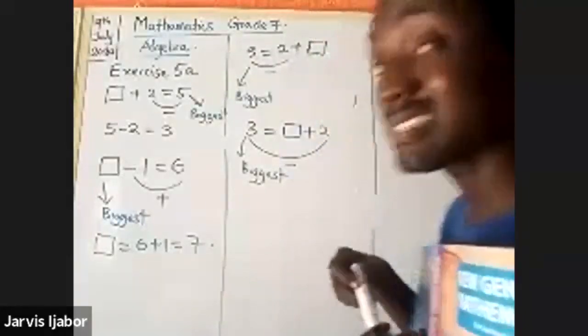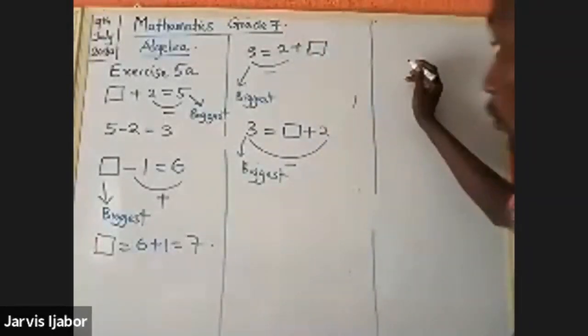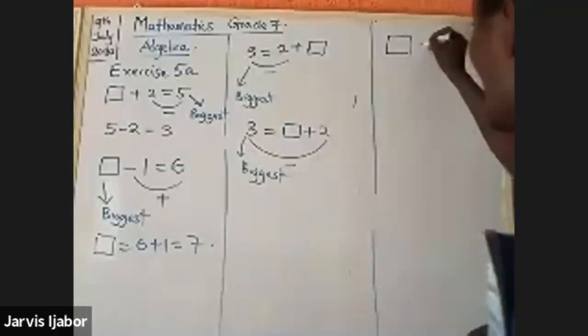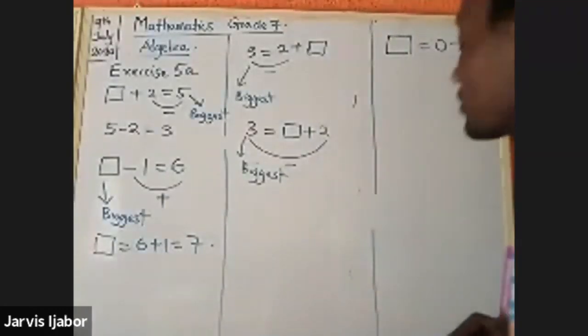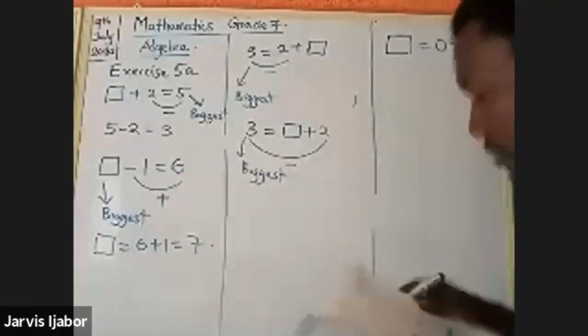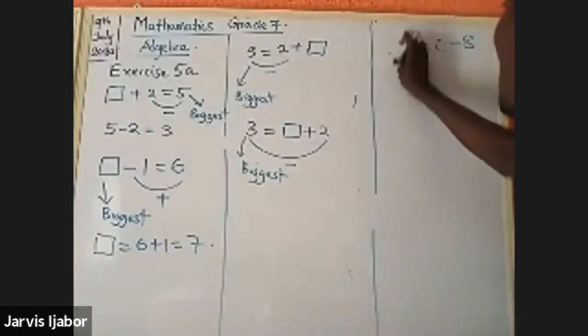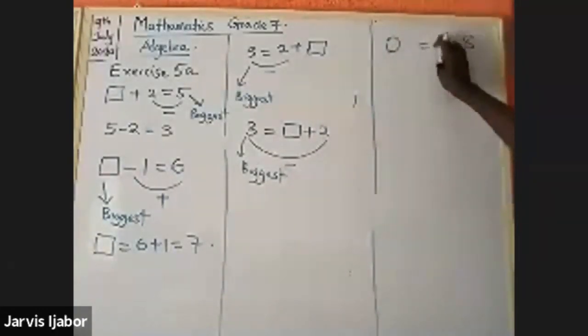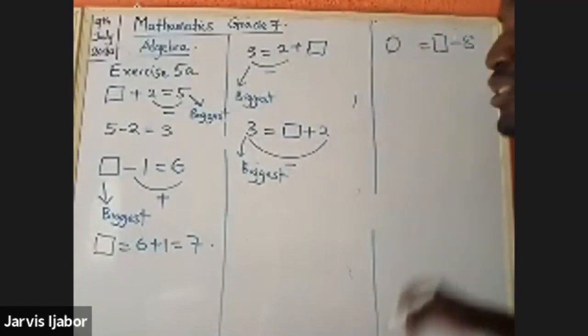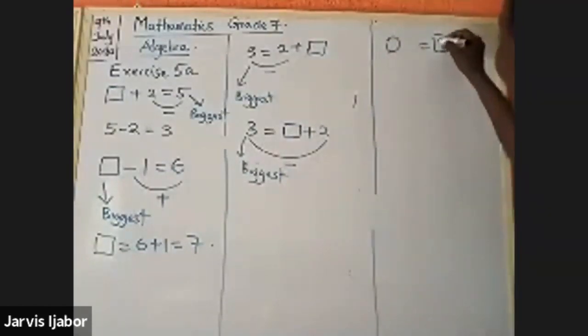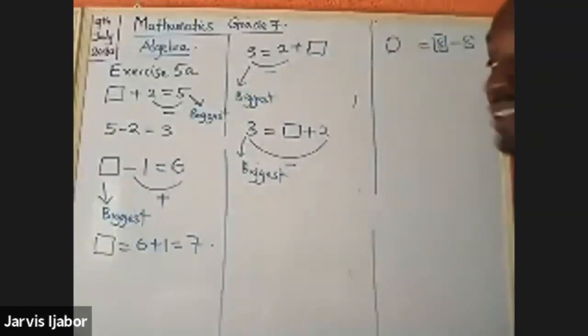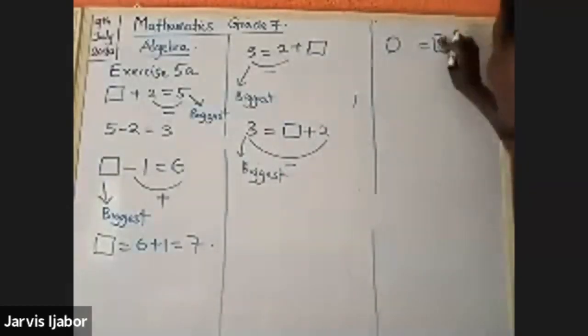Now, look at another one. If I have box equal to 0 minus 8. Sorry, is that what it is there? No. If I have 0 equal to box minus 8, you know without thinking that this one will be 8. Why?